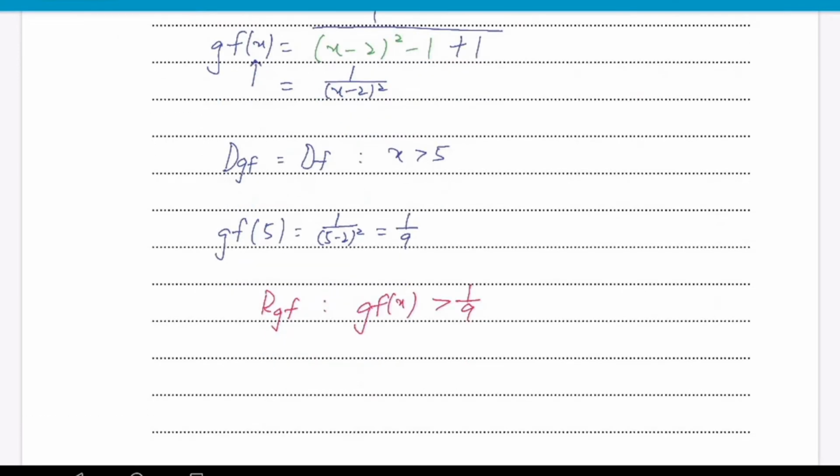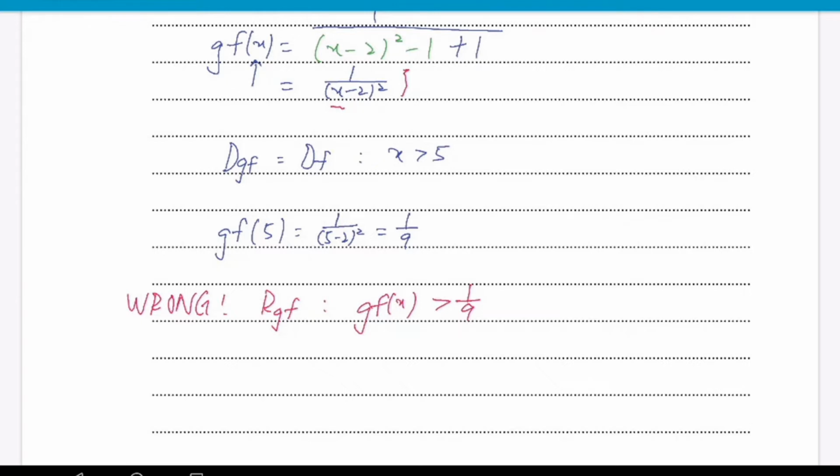In fact, this is super wrong. This is definitely wrong. For this kind of function, it's a reciprocal function, first thing. A reciprocal function is where when x increases, the overall value decreases. So when x is 5, of course we get the value of 1 over 9. But as x gets bigger and bigger, overall the value gets smaller and smaller.